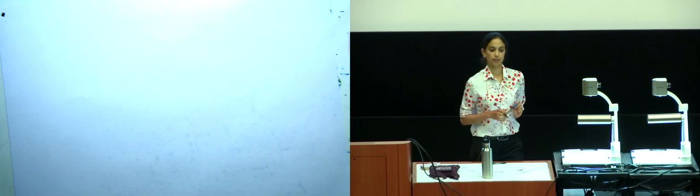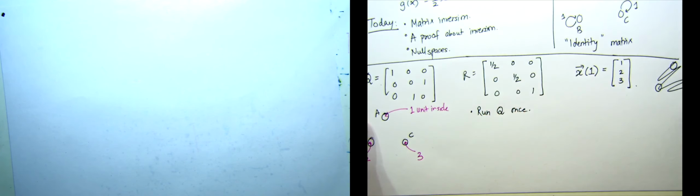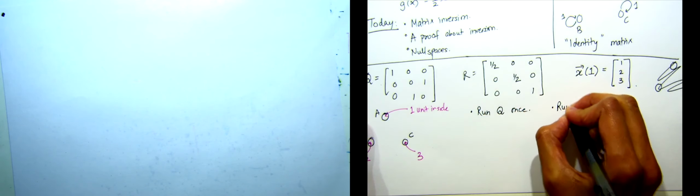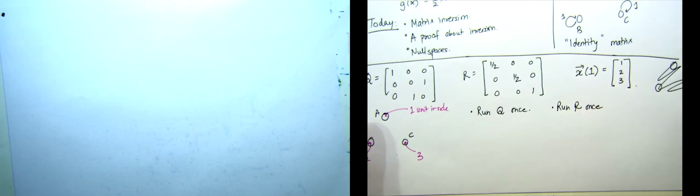And I don't want you to draw the transition diagram for this particular pump. But I tell you that I run Q once, and then I run R once, right?